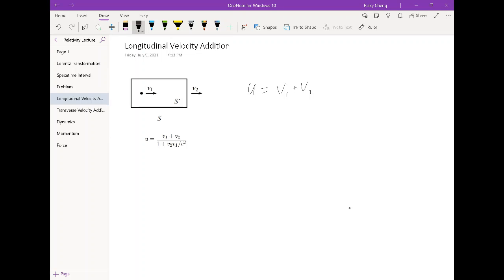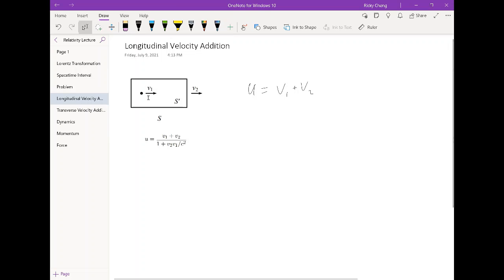That's the u in classical relativity, but in special relativity that is no longer the case. If you look here, you can see what u is equal to, but to derive this, we can just use the Lorentz transformation.